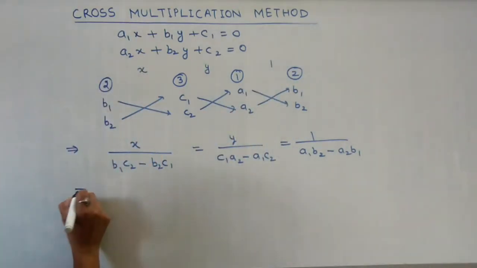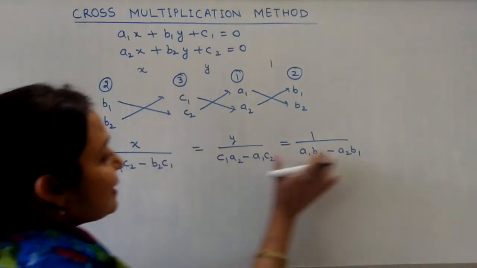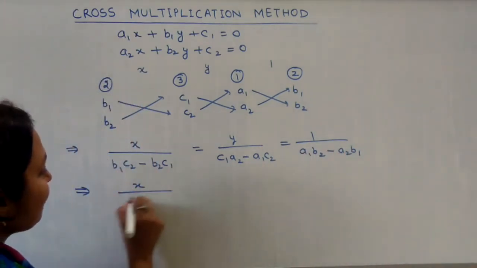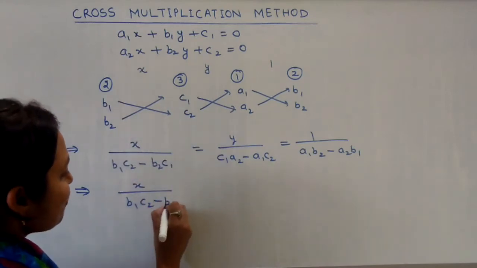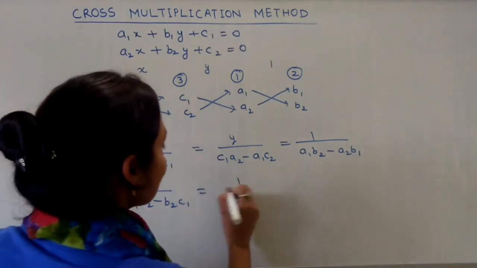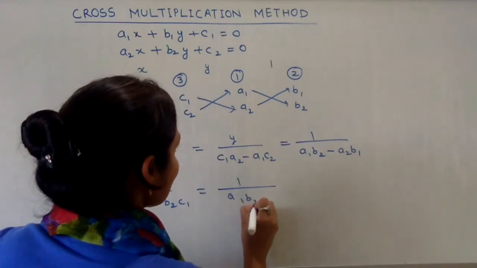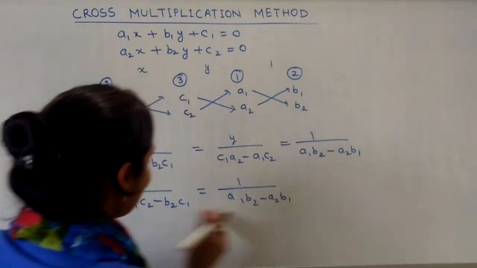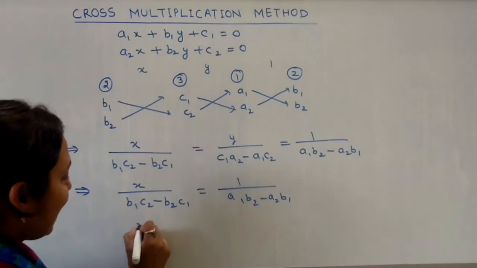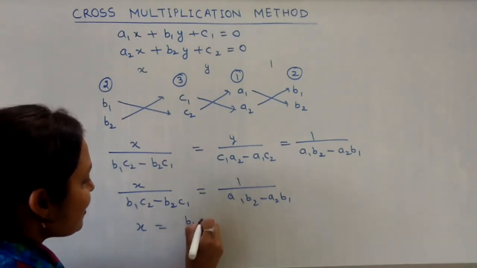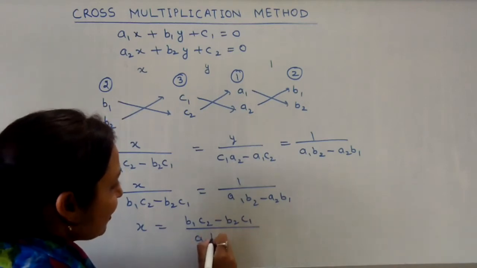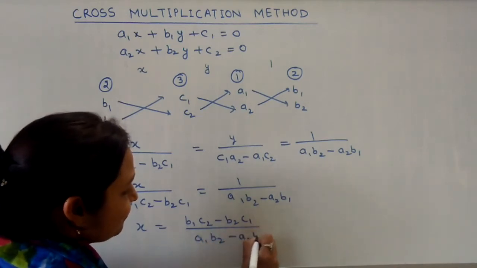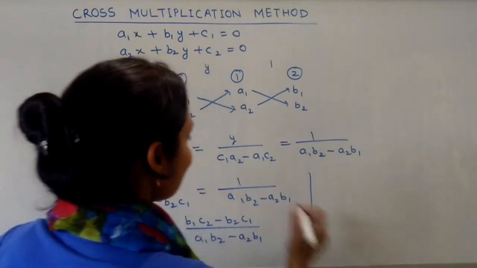Okay, so for solving the question, we will take this and this: x upon b1 c2 minus b2 c1 is equals to 1 upon a1 b2 minus a2 b1. Now I will take this in the numerator. x is equals to b1 c2 minus b2 c1 upon a1 b2 minus a2 b1. Okay, now come to the value of y.